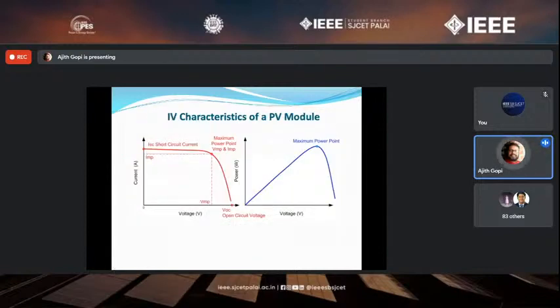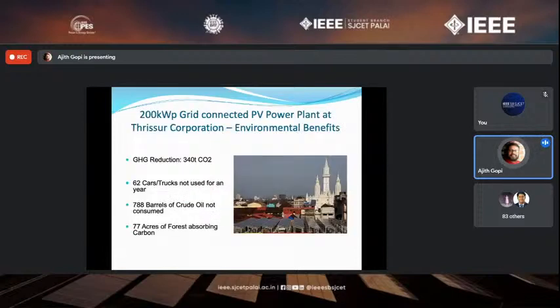So that was some ice cream in between the very raw classes, I should say. The numbers and graphs and all may not be much interesting for you. So that's why I'm giving some pictures of live installations, which will be more interesting for you.